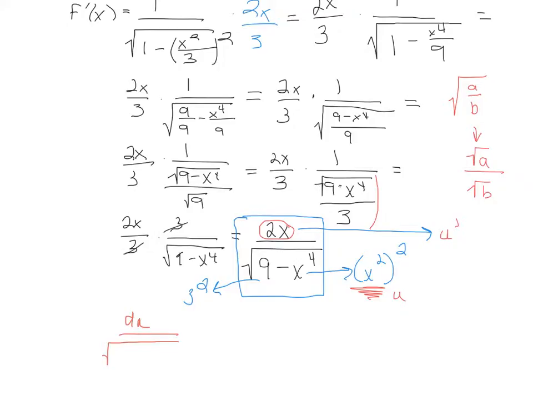So instead of 3 squared, I'm just going to write a squared, and then minus, instead of x to the 4th, I will write u squared, since u was x squared and we have x squared squared. And notice how that picks up all the pieces.